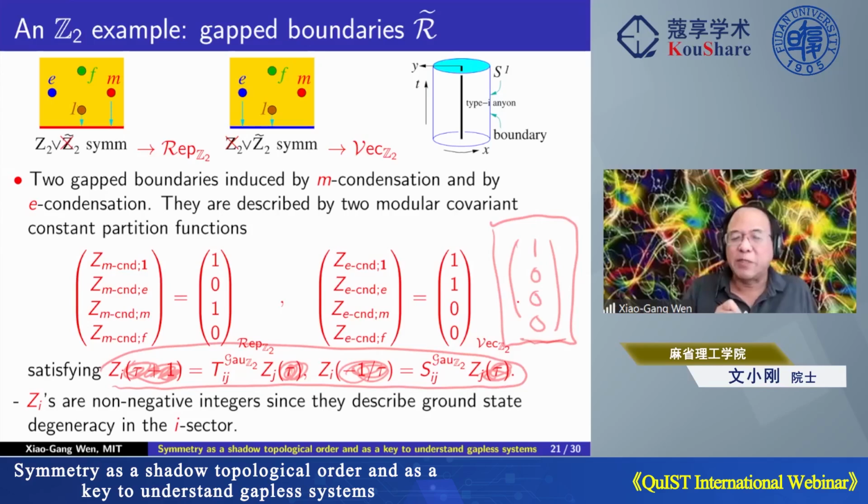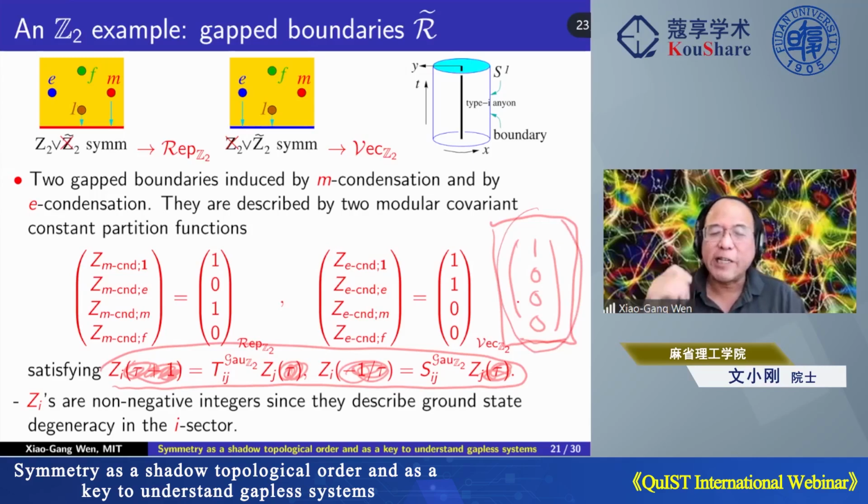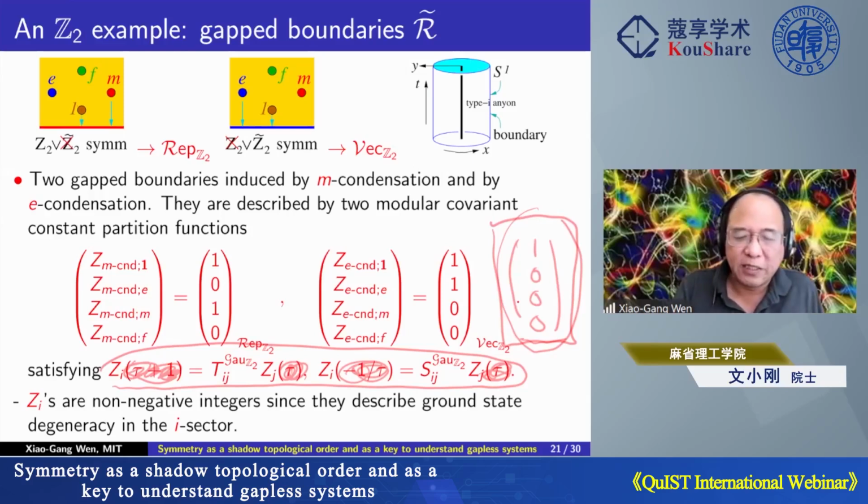Therefore, if you do not break any symmetry, it must be gapless, because this kind of constant partition function cannot be modular covariant. So this is a general proof that if you do not break categorical symmetry, the boundary must be gapless.